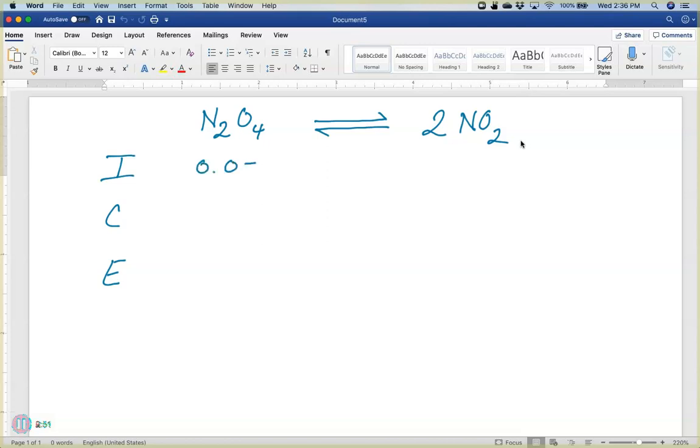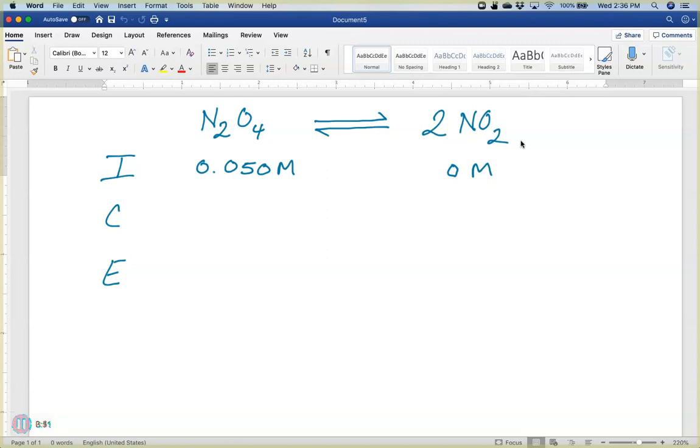My initial concentration, which was given to me in the problem, was the 0.050 molar of the N2O4. It doesn't specifically state it, but it's entirely reasonable, because it's not explicitly stated, that the concentration of NO2 at the start is 0.